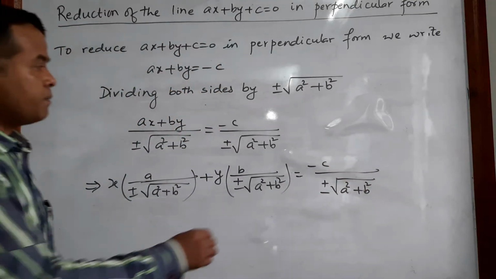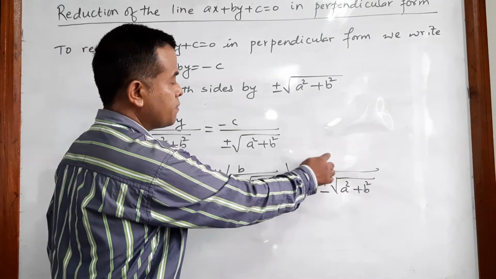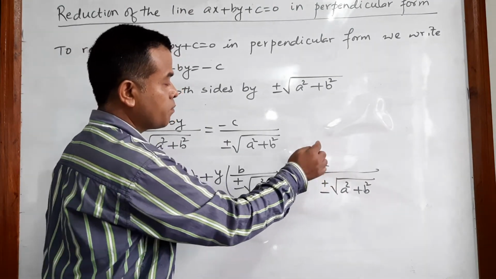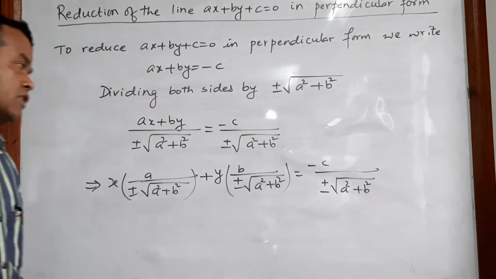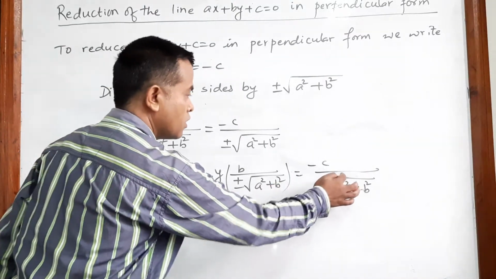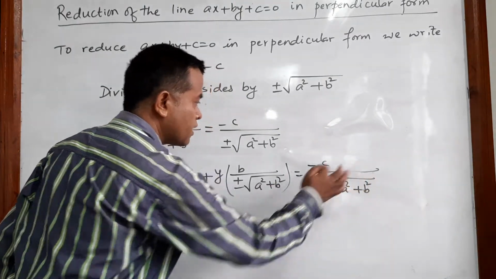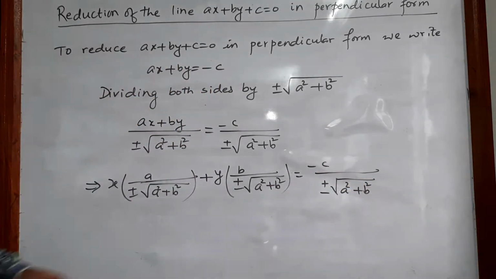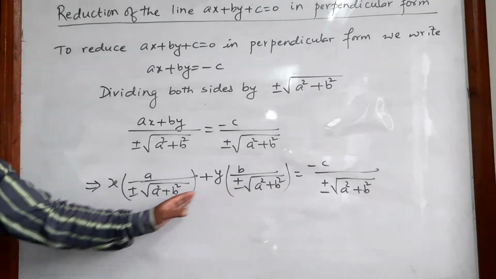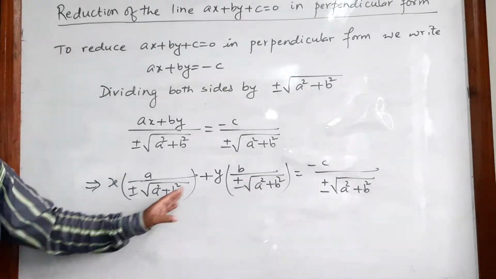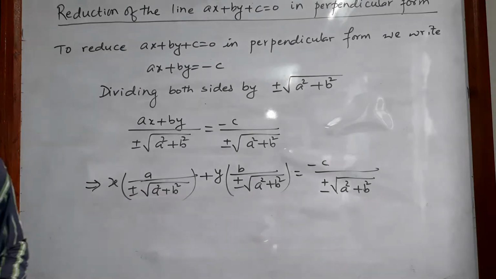And if c itself is negative, then the positive sign should be chosen. If we choose the positive value for root over a square plus b square on the right hand side, then on the left side also the same sign should be chosen.